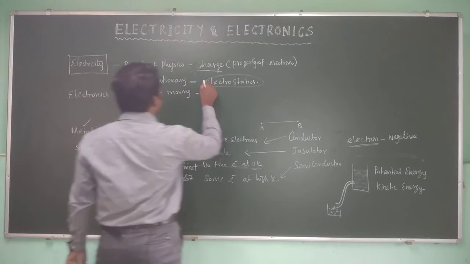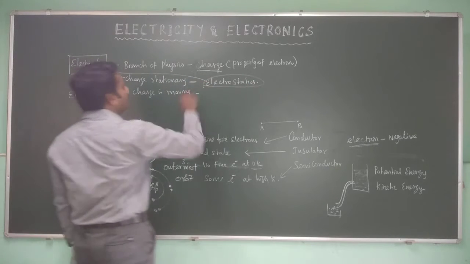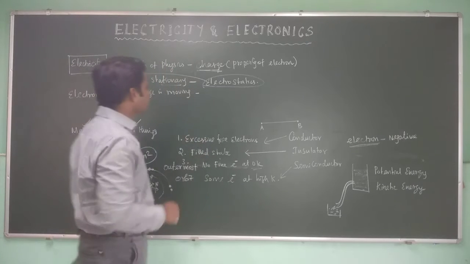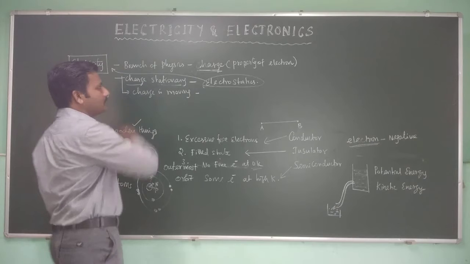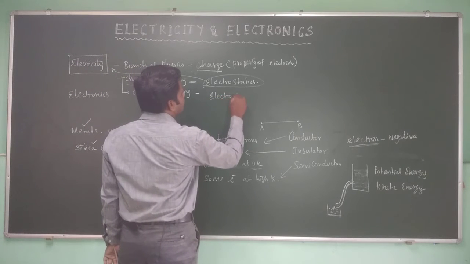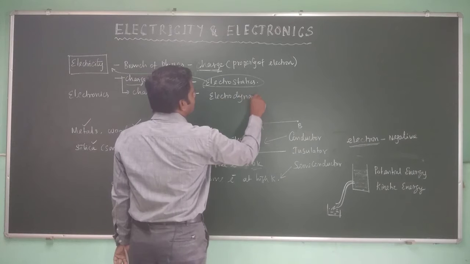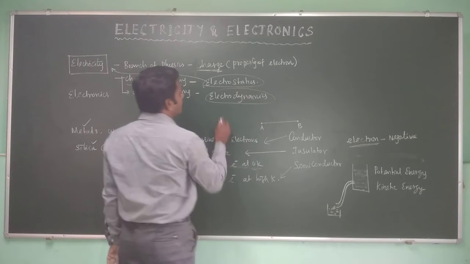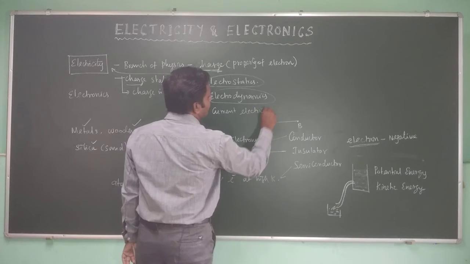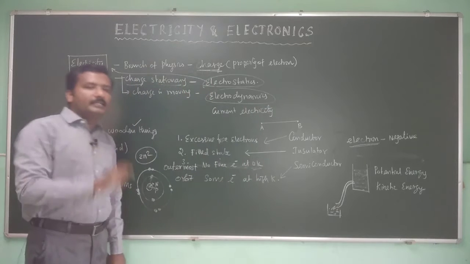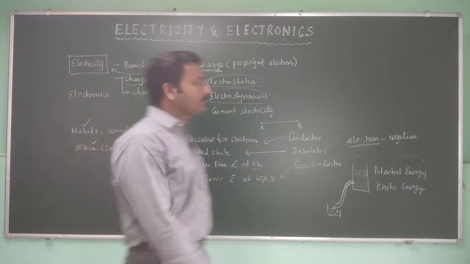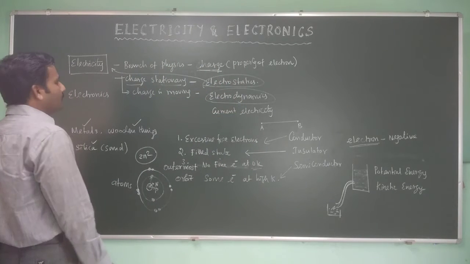Electrostatics is a sub-branch of electricity that deals with charges in a stationary or rest state always. Another case, if the charge is moving, we can say electrodynamics or current electricity. This deals with the properties of charges under moving conditions.